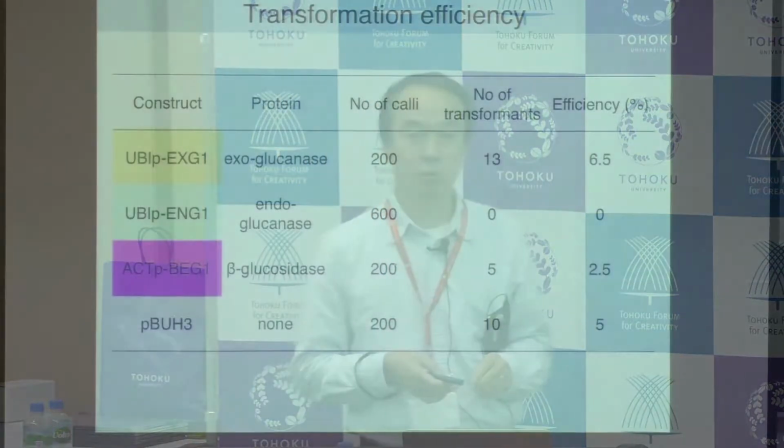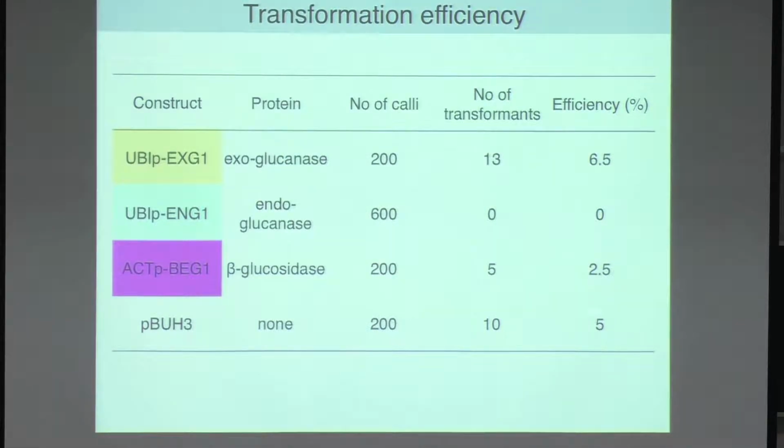When the endoglucanase overexpressing construct was used for the transformation experiment, we obtained no transformant, even though three times more, 600 calli, were used for the experiment. So this suggests that overexpression of endoglucanase is toxic to plant cells, probably due to overdegradation of the cell wall. And when the beta-glucosidase overexpressing construct was used, we obtained 5 transformants, and the frequency was 2.5%, which is more or less comparable to the control plant.